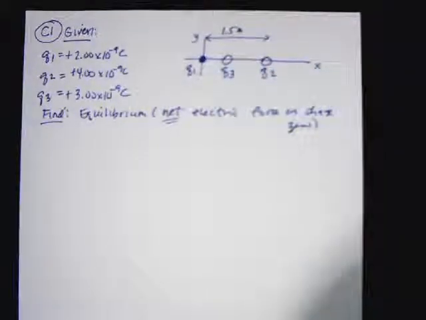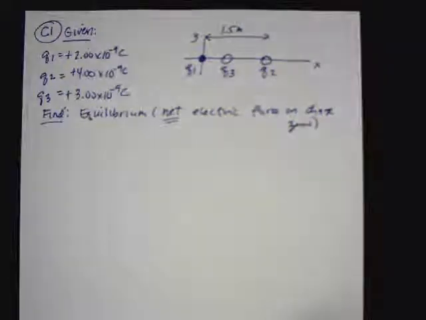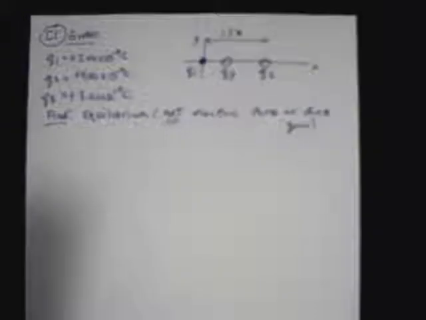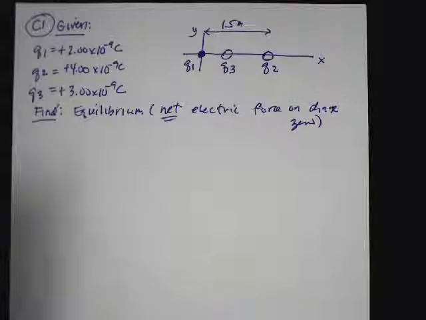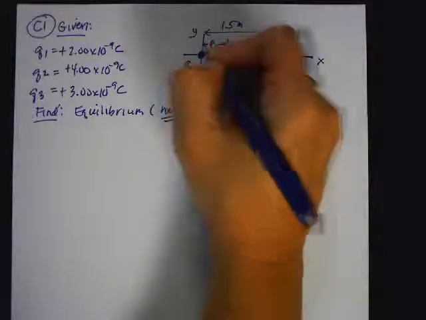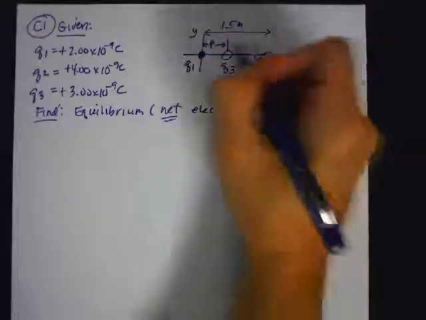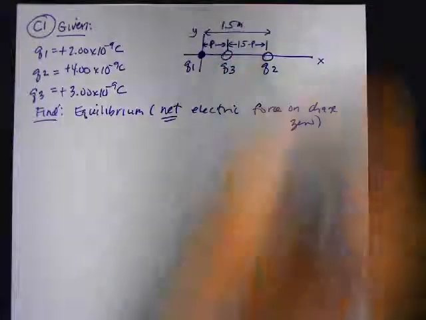So what I'm going to do is, I'm going to just call this distance here P for point. You know, like this is some point from the origin. And then this distance here is 1.5 minus P. And that's it.